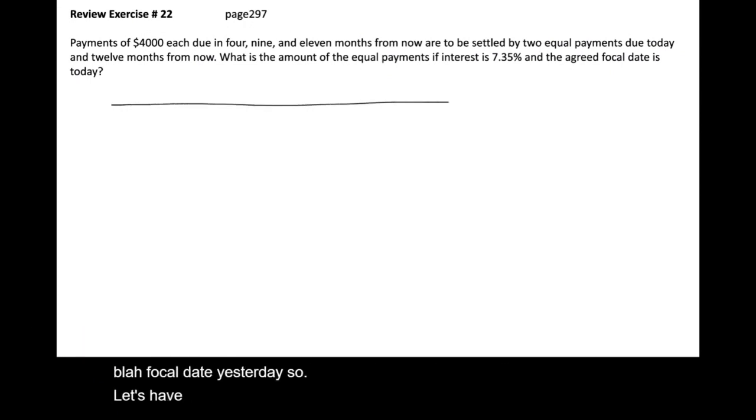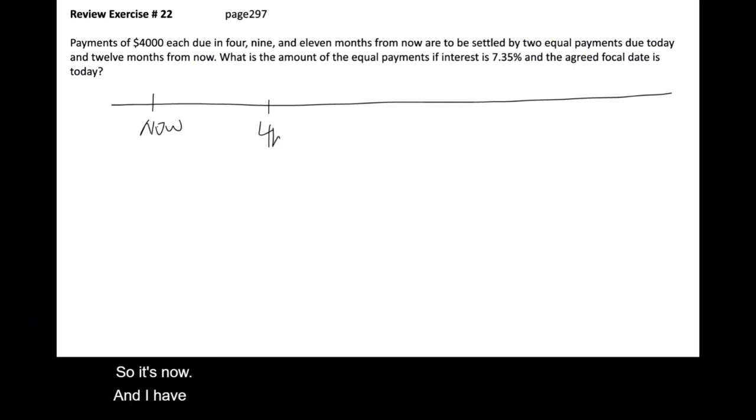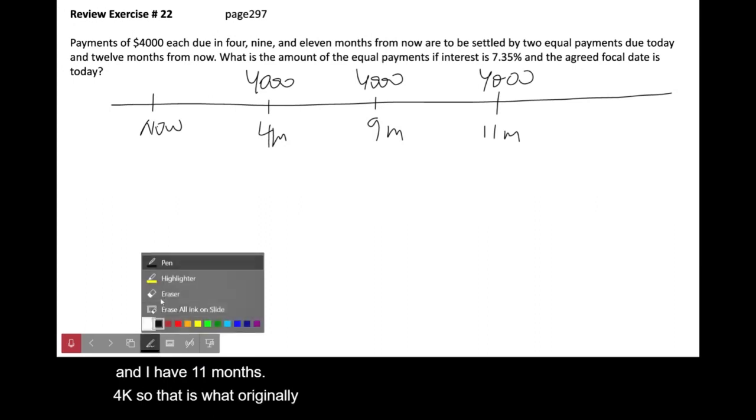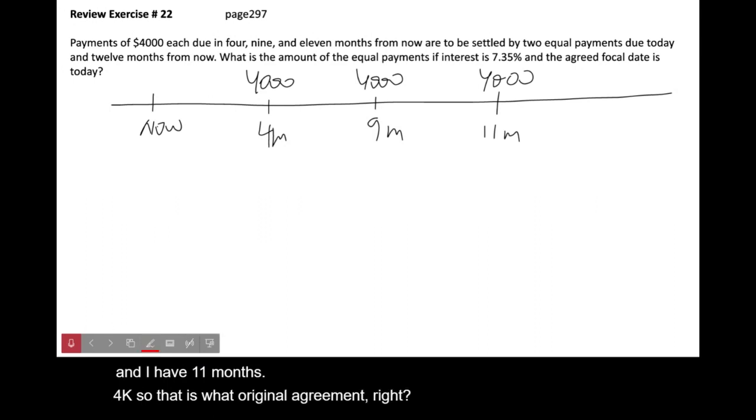So let's have a picture. It's now. And I have 4 months, 4K. I have 9 months, 4K. And I have 11 months, 4K. So that is what? The original agreement, right?